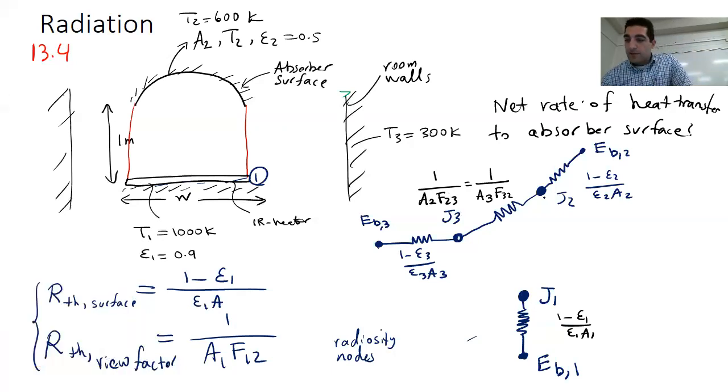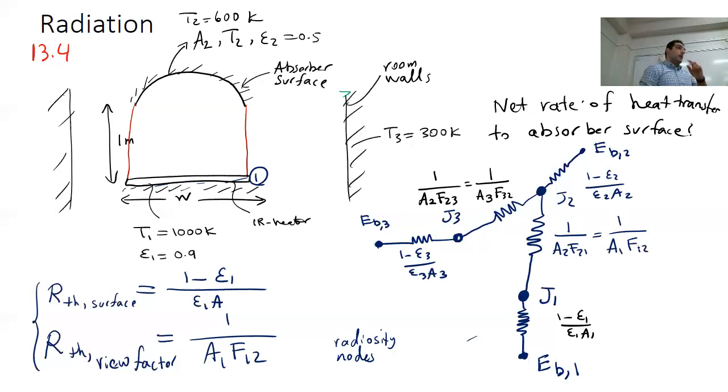Same thing for the other two surfaces. Between J2 and J1, which is the curved surface and here, I should assign another view factor resistance. And this is equal to 1 over A2 F21, or by the reciprocity rule, 1 over A1 F12. They're the same, it doesn't matter. Whatever data we have, we can use.